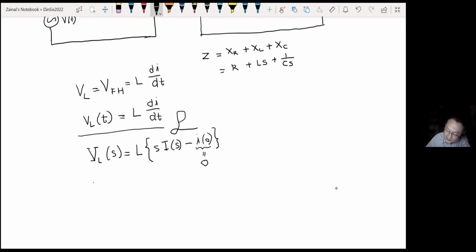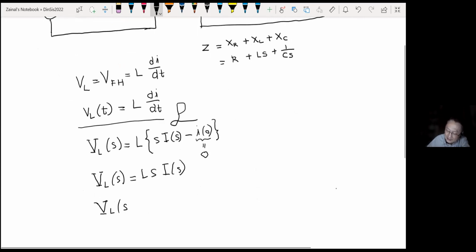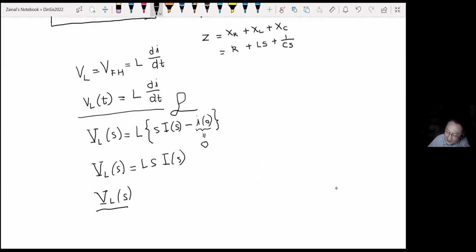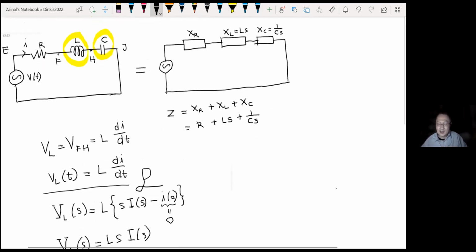Therefore, you have VL(S) is equal to LS multiplied by I(S). Therefore, the voltage across the inductance divided by the current flowing through the inductance gives LS.